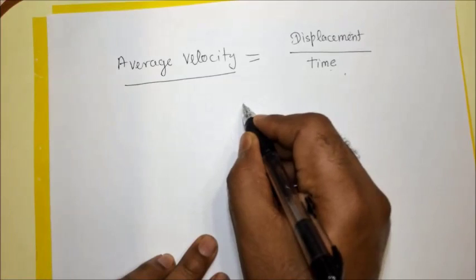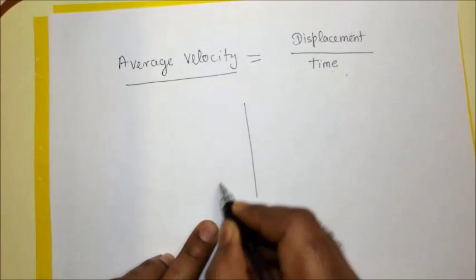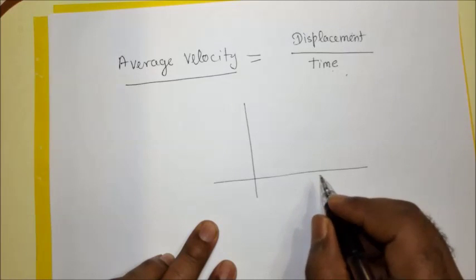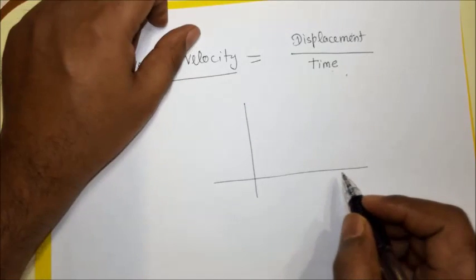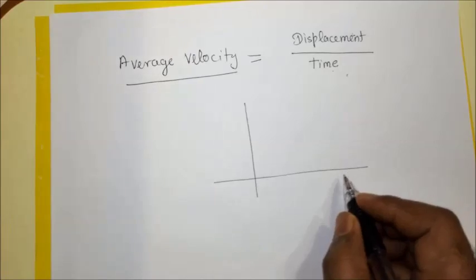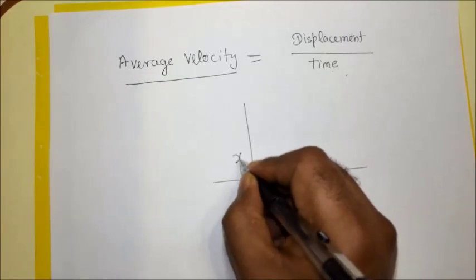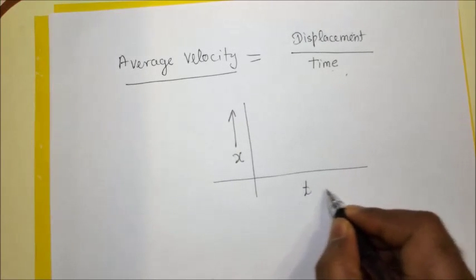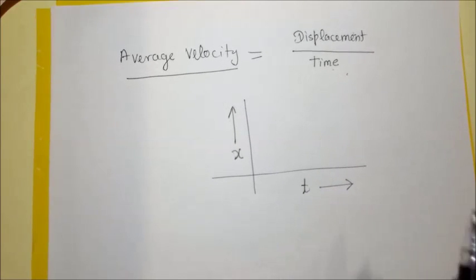Let's take an example. Suppose I plot position and time together. So position, I can say x is on this axis and time t is on this axis.